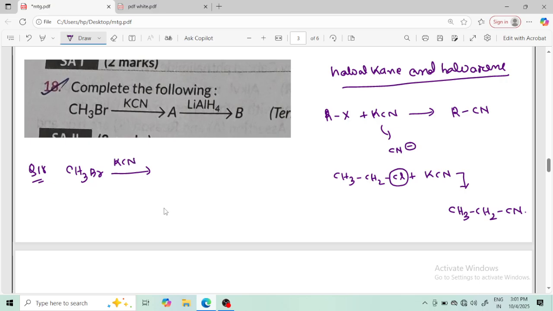Obviously that Br will be removed and CN will be there. Now it's reacting with LiAlH4, right? When a nitrile reacts with LiAlH4, that CN part will change to CH2NH2. In the last video I have explained that.